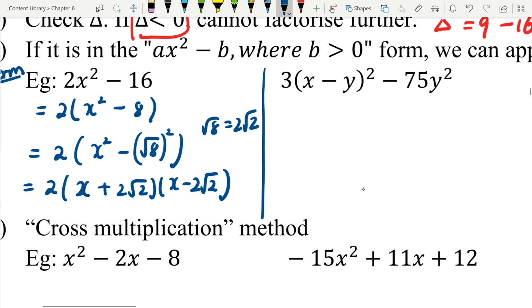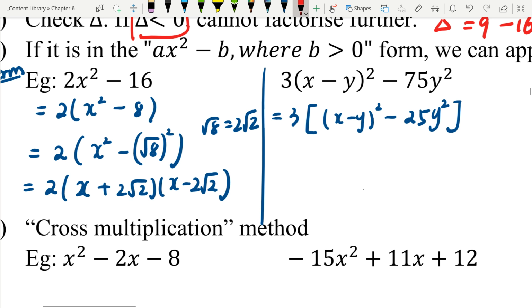Next one. Obviously, I can see a 3 from 3 and 75, so I can take 3 as a common factor. That's x squared minus 25y squared. Common factor is always the first thing I want to check. Then 25y squared can be written as 5y squared, because if you don't write it in this form, 25 is not in square form, only the y is.